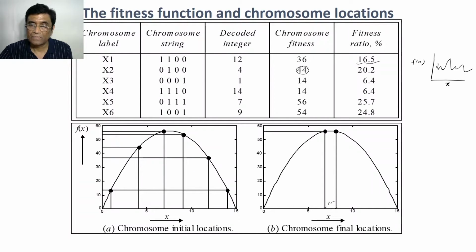Like that, the fitness ratio of this is this. Fitness ratio of this is this, right? Total is 100. See, percentage 36. Right, so 100.